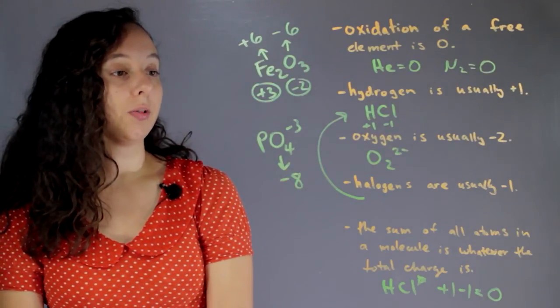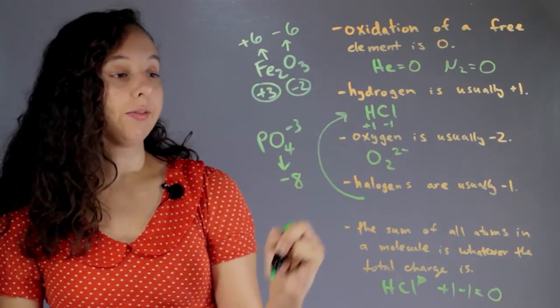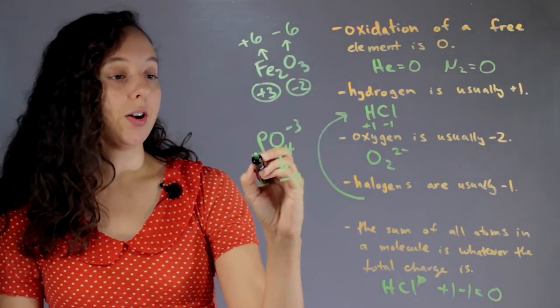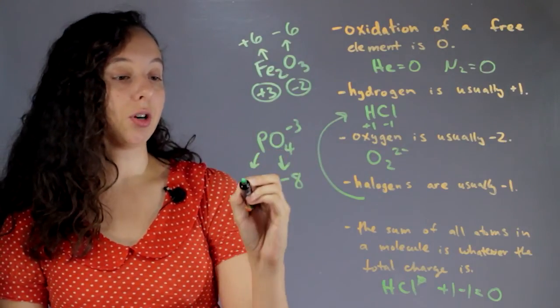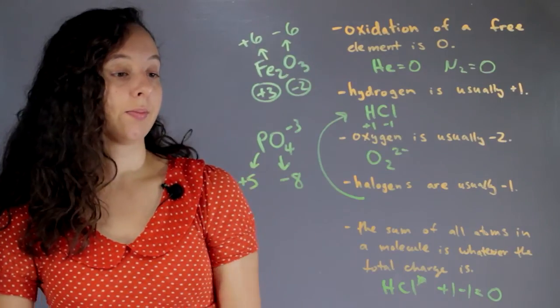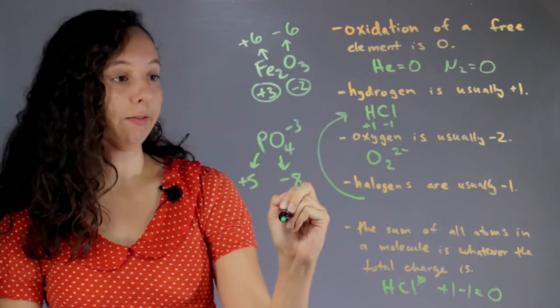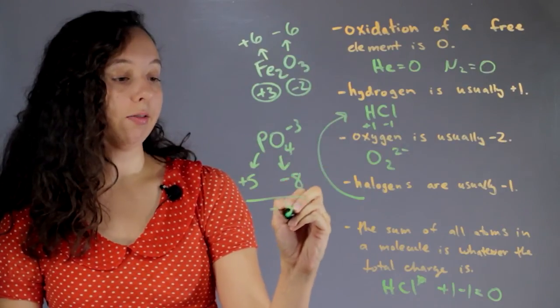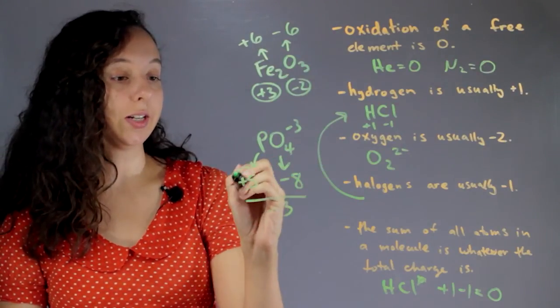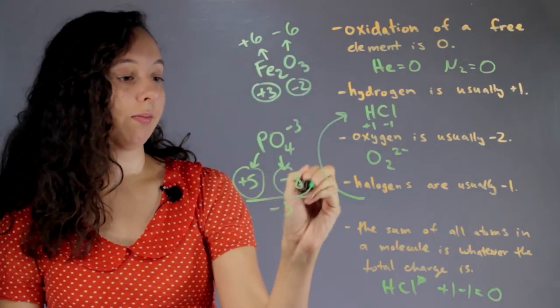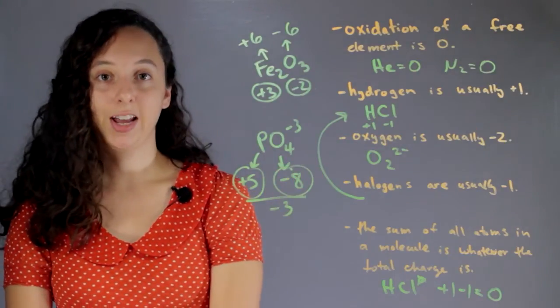And we know that it's going to overall be -3, which means that this phosphorus must somehow have a charge of +5. And so that is how we add. Now we add them up, and we can see that we do have -3. So oxidation states +5, -8.